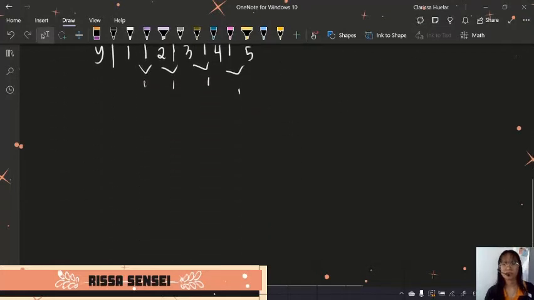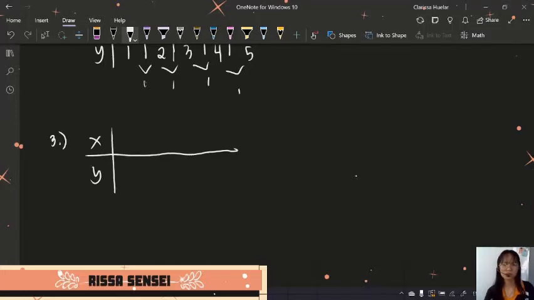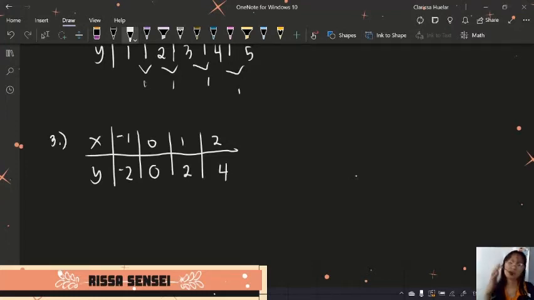Another example. Sige, another table of values. So, halimbawa, negative 1, 0, 1, 2. So, ito, sabihin natin ay negative 2, ay 0, this is 2, and this is 4. O, ngayon, 0, then negative 1.